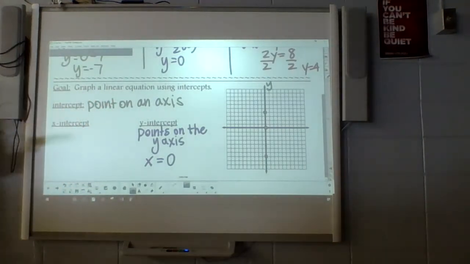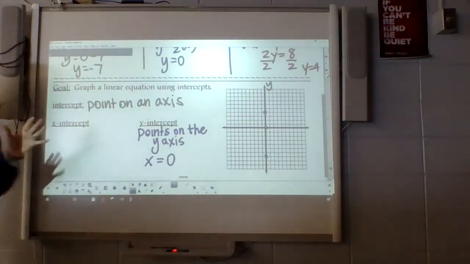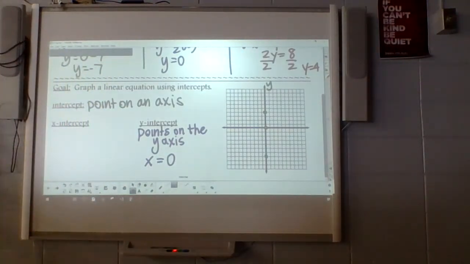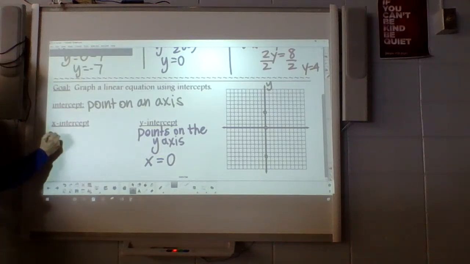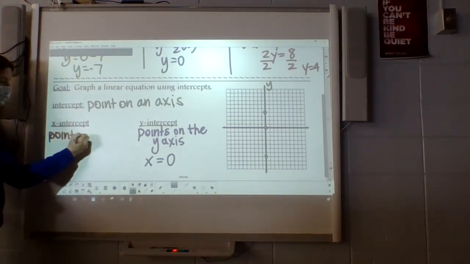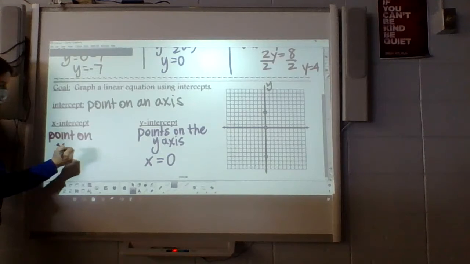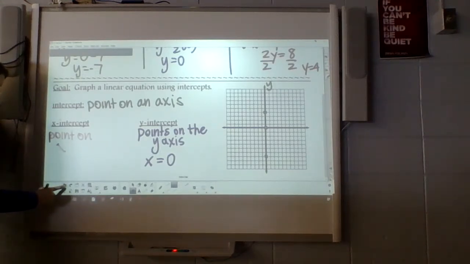What do you think x-intercepts are? Yeah, so crazy. These names aren't meant to be brain surgery, but these are going to be points on the x-axis.